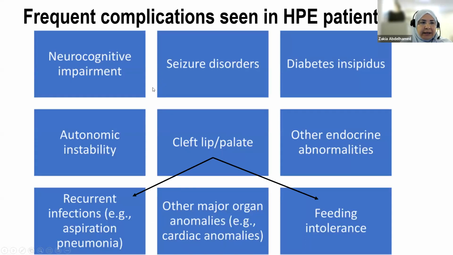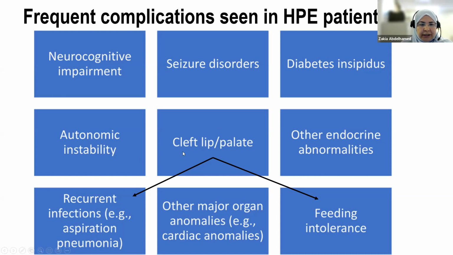And on the clinical side, these patients usually develop neurocognitive impairment. The most common complication is seizures, and also diabetes insipidus due to a defective posterior pituitary and antidiuretic hormone secretion from there.